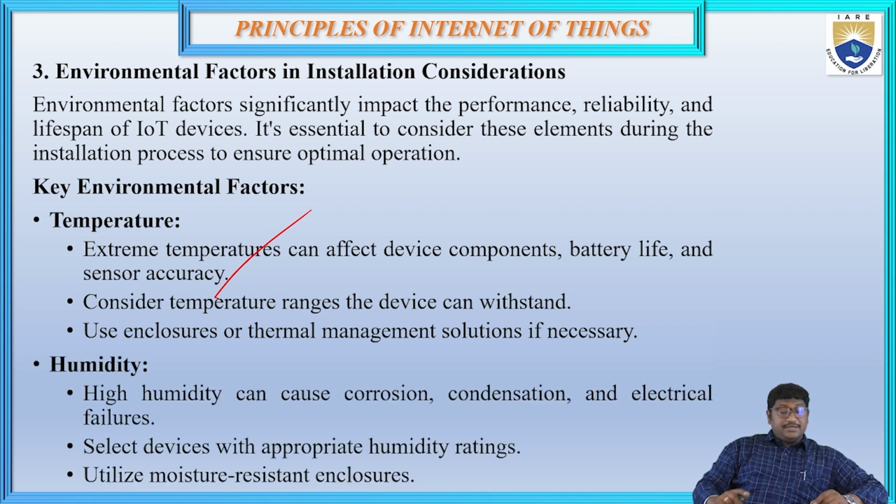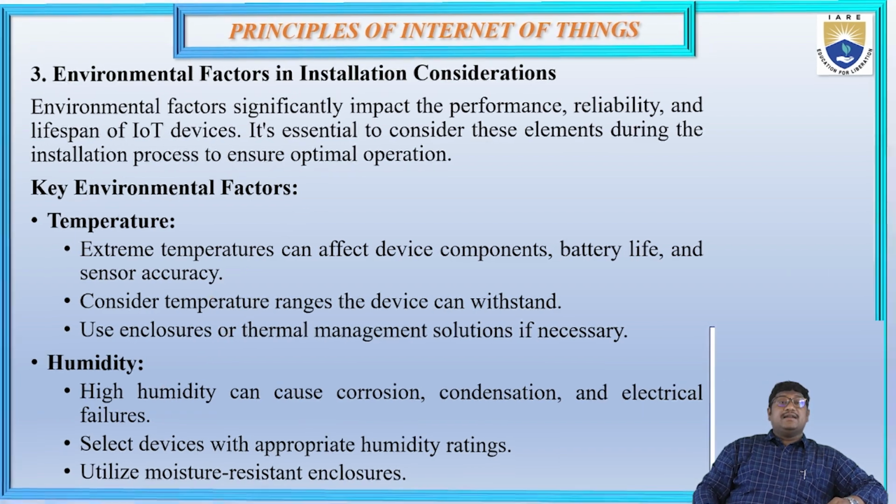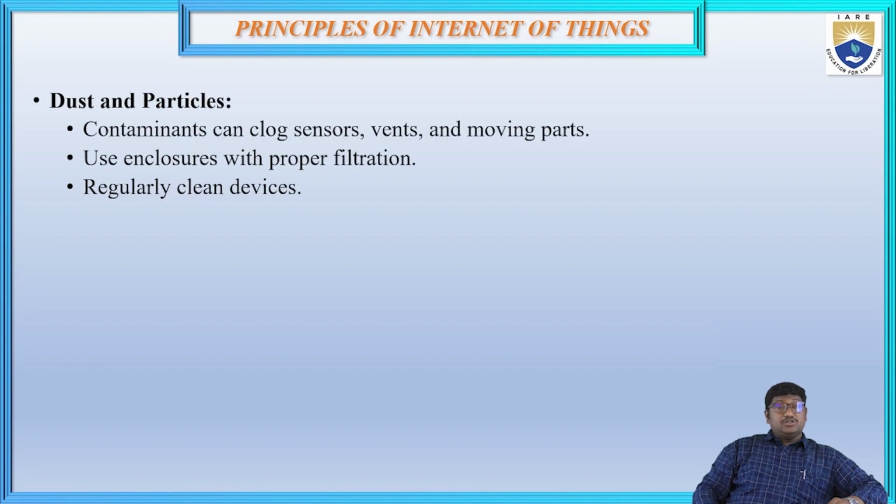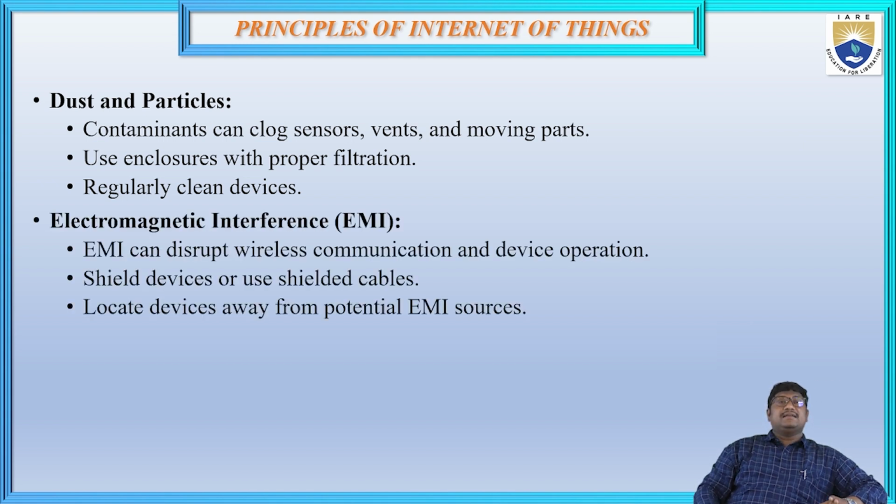stand. And coming to humidity, high humidity can cause corrosion, condensation, and electrical failures. And coming to dust and particulates, where contaminants can clog sensors, vents, and moving parts. So enclosures have to be kept with proper filtration. Regularly, we need to clean these IoT physical devices.